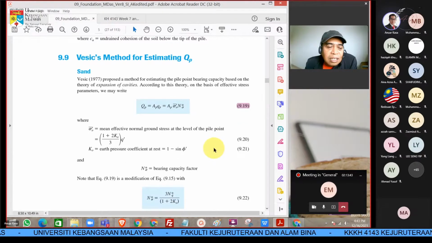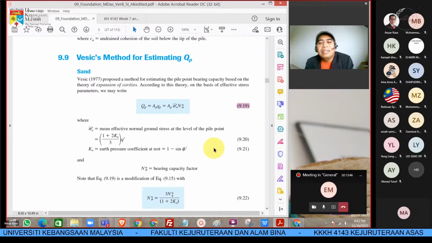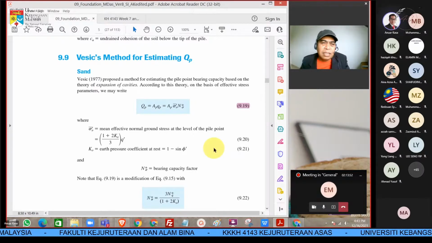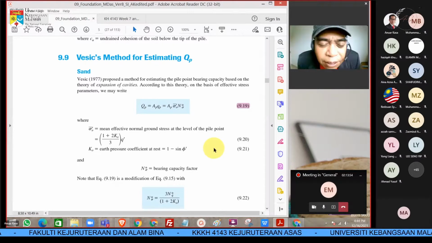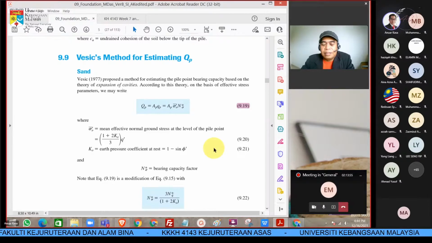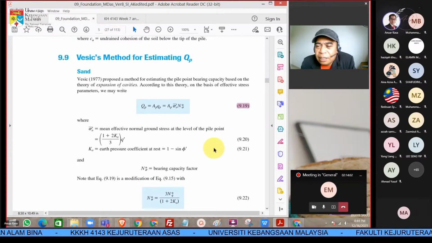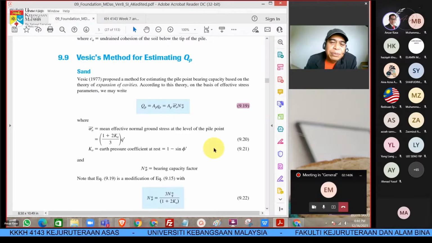Okay, this is a different method. Previously, we were talking about general equations and also the Terzaghi equation, how to get the QP and QS. But this one is how to get the QP using a different method.